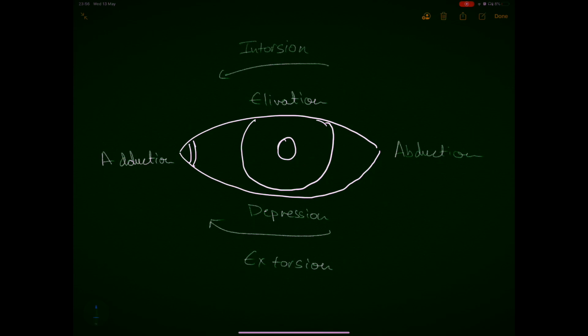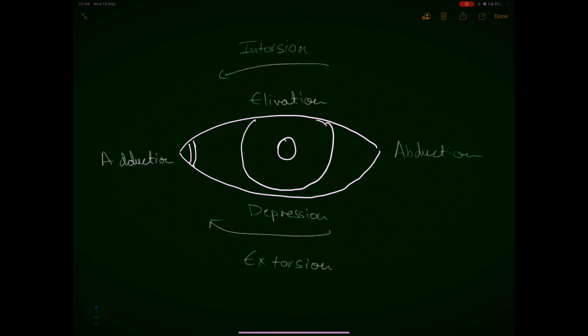Now, with the superior oblique, it originates from the body of the sphenoid bone. Its tendon passes through the trochlea and attaches to the sclera posterior to the superior rectus.